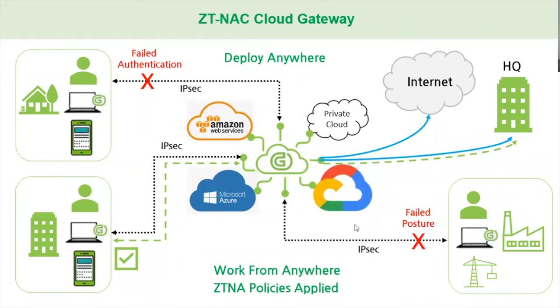You're able to deploy the cloud gateway, which can be done through your Genian ZT-NAC console, or very easily by running a script on your cloud service provider's environment. It basically deploys a containerized cloud gateway. That gateway acts as a gateway to anything beyond where the gateway resides: going to a cloud resource, going to the internet, going to HQ.